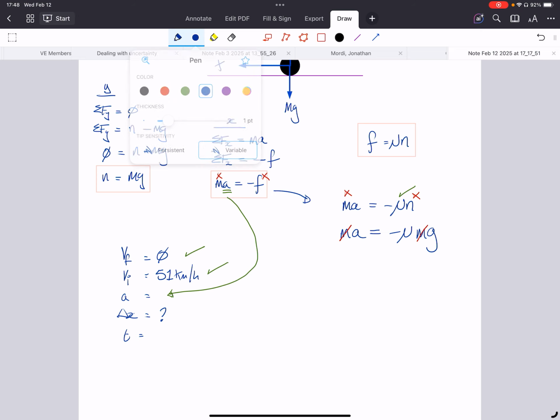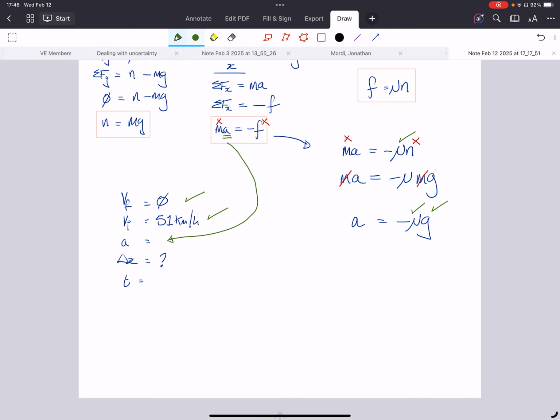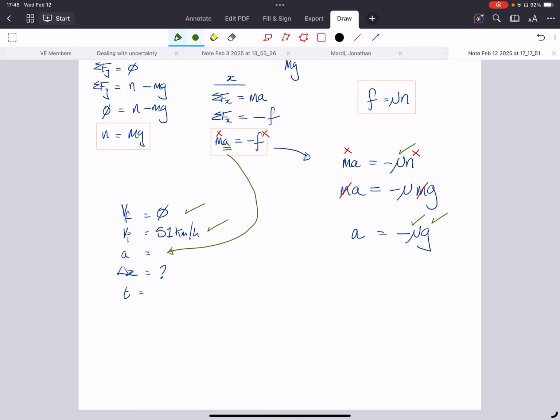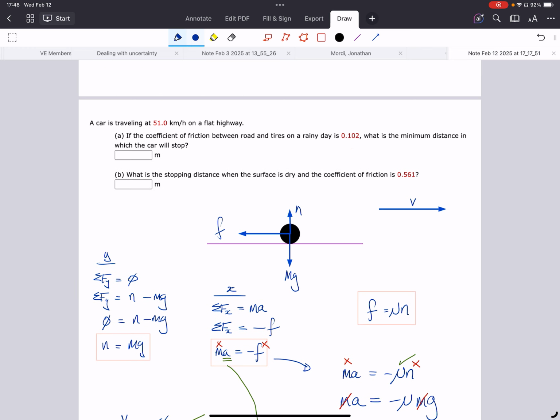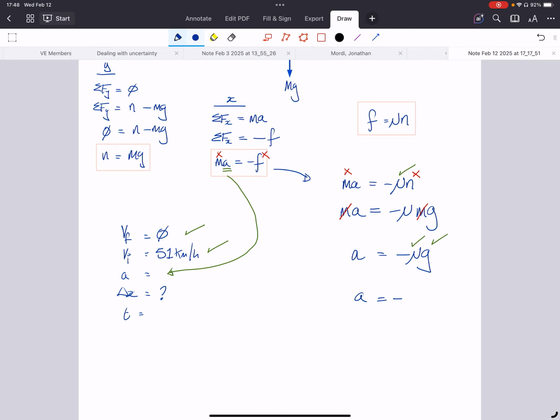That is going to give me an equation that says acceleration is minus mu g. And I know both of those things. Mu is given in the question. G is just a number. It's 9.8 meters per second squared. So I can plug those in and say that my acceleration is going to be minus 0.102 times 9.8.